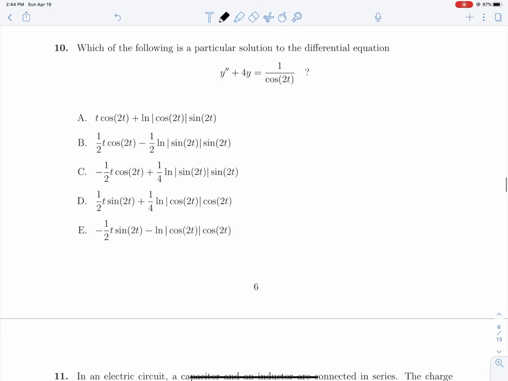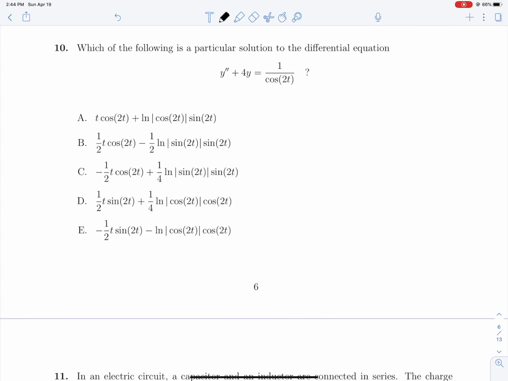Which of the following is a particular solution to this differential equation here? So we're going to be using the method of variation of parameters, and it's a little different from most variation of parameters questions in that they're not directly giving us our fundamental solutions, aka our solutions to the characteristic equation. So we need to find those ourselves.